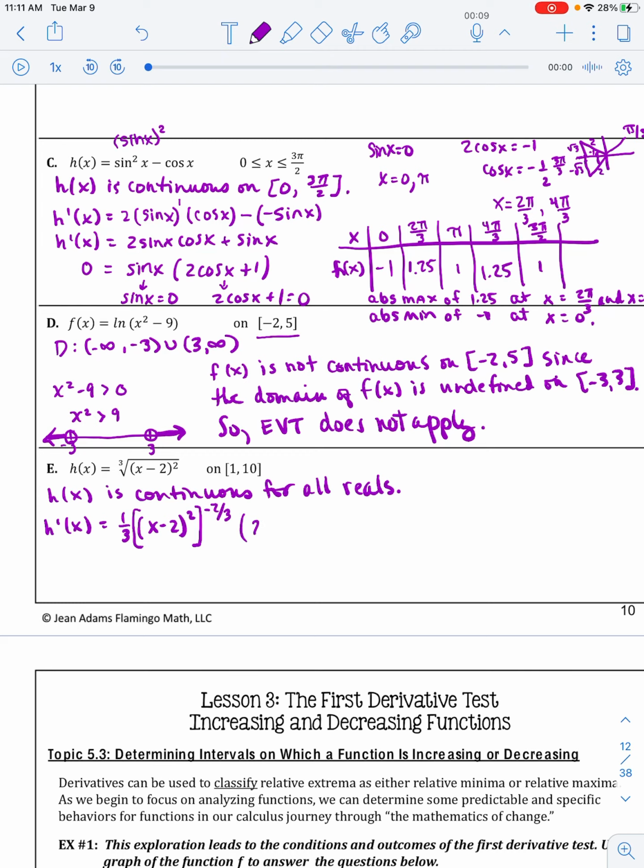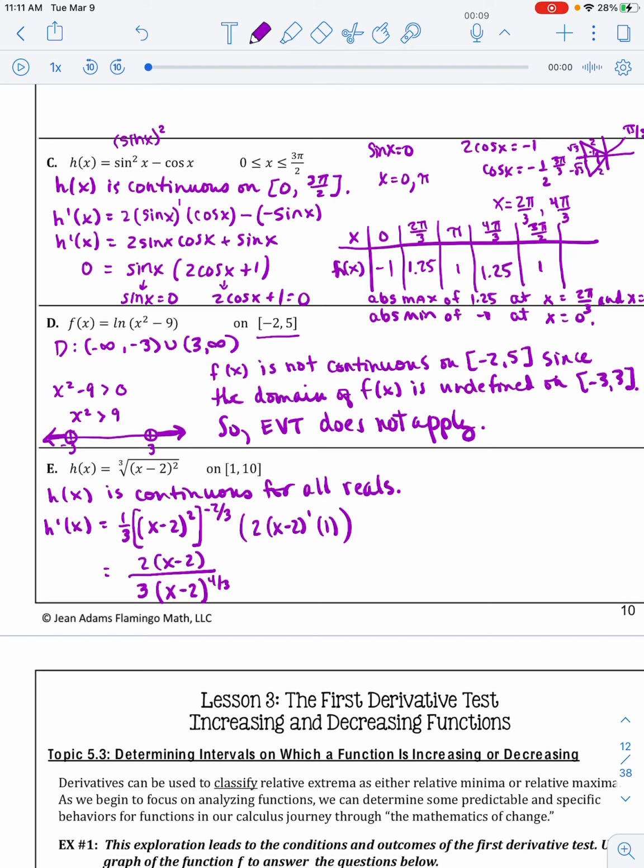And then times the derivative. Well, the derivative of that, I'd bring the 2 down times x minus 2 to the 1, and then times the derivative of x minus 2. So this gives me 2 times x minus 2 in the numerator, and 3 times x minus 2 to the 4/3. I almost said -4/3. So it would be -4/3 up here, but when I bring it down, it's +4/3.